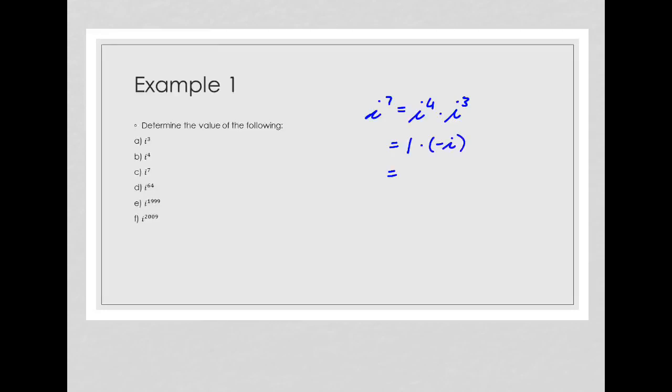So that ends up to be -i. In D, it is i to the power of 64, where we know already that 64 is 4 times 16. So without any further calculation, we can say that that will be equal to 1.